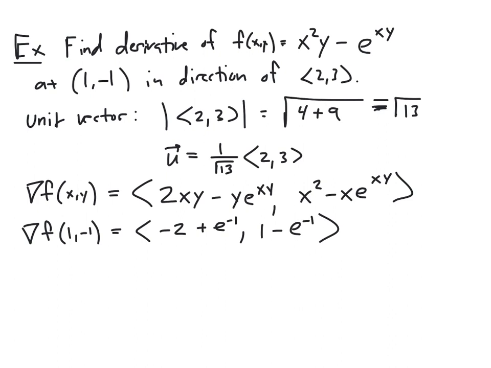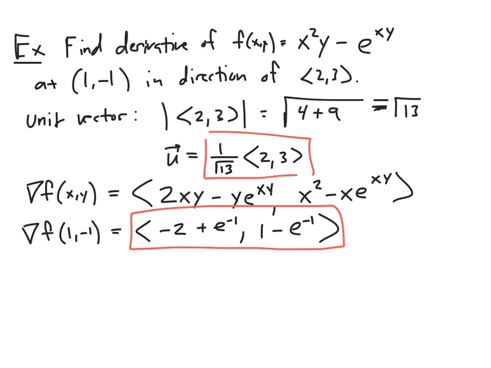Right? And so we have our unit vector u, we have our gradient vector at our point, the gradient of f of 1, -1. And so our directional derivative of our function at our point in this direction is simply the dot product of these two vectors.